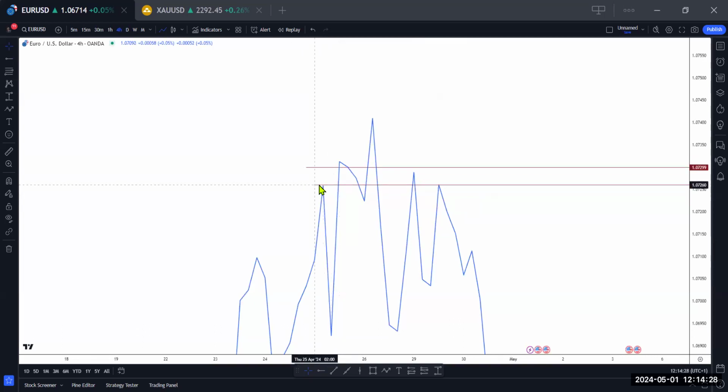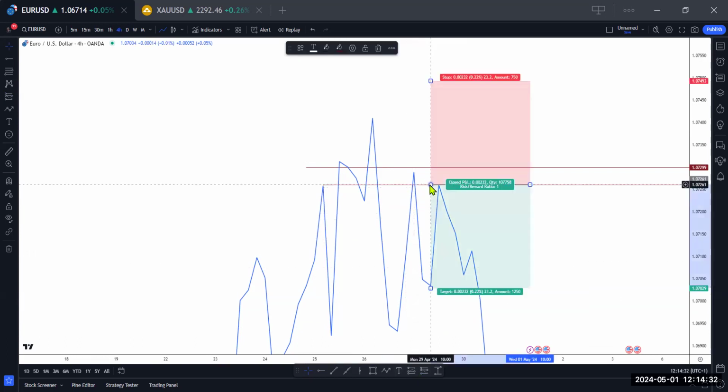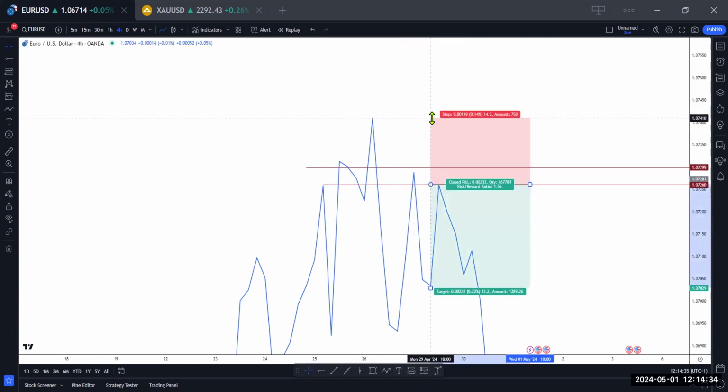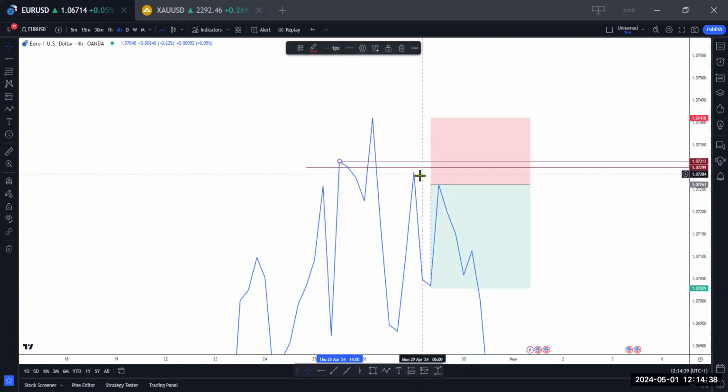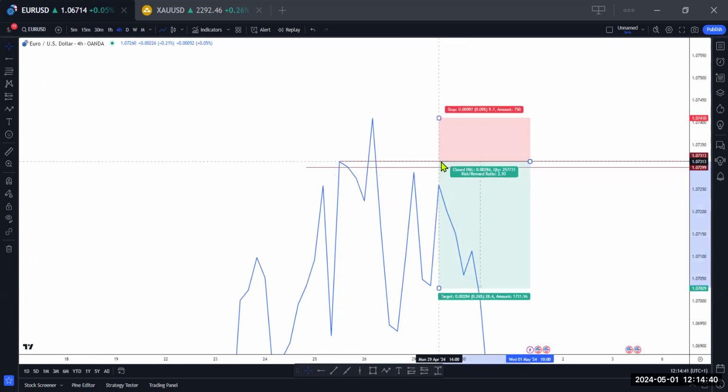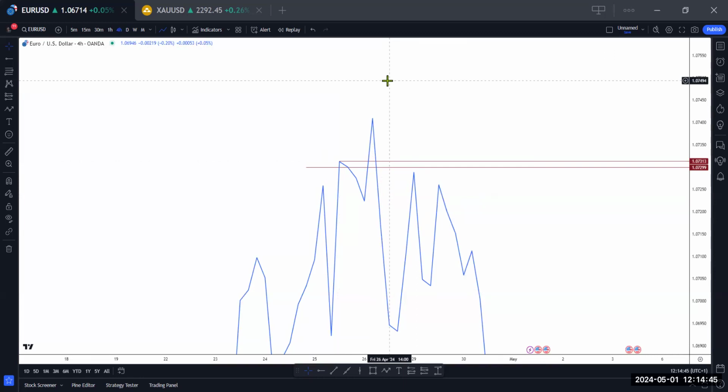Because if I pick it, my stop loss will be wider. If I decide to enter there, I'll have to put my stop loss above that level. But if I pick the level below, my stop loss is smaller. That is the reason for MTF: to reduce your risk and give you more refinement and precision.